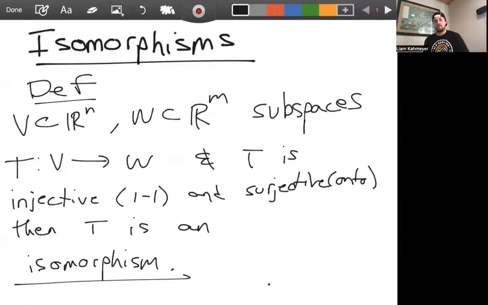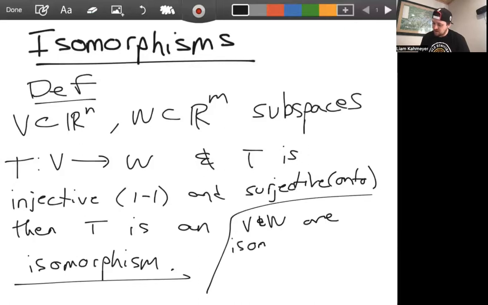So when we have a map that's injective and surjective, we call it an isomorphism. And in this case, we say that the subspaces V and W are isomorphic. If there exists an isomorphism between two subspaces, we say that they're isomorphic.